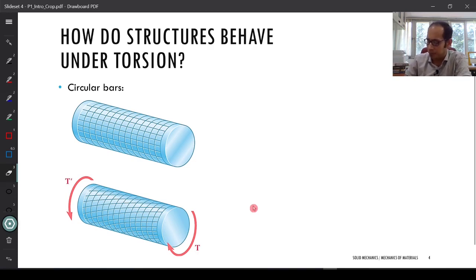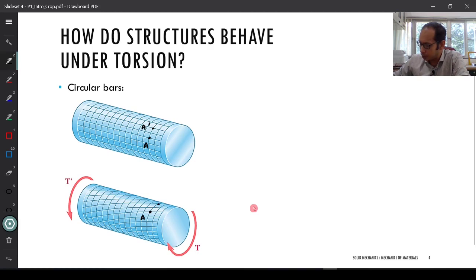What I mean by that is, suppose you are looking at these two points, suppose I call this point A and another point here A prime. After you have applied the torque, A has simply moved to another point over here. So this is my new position of A, and A prime has moved to another point over here.